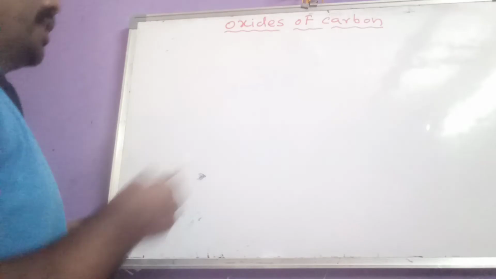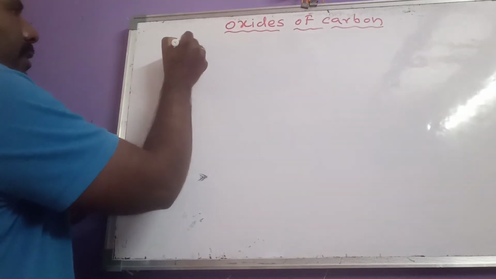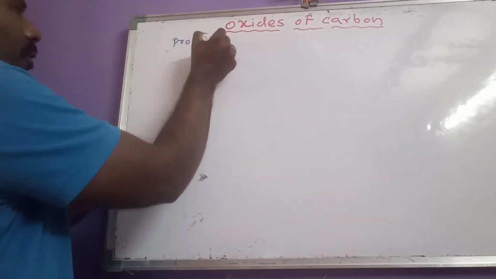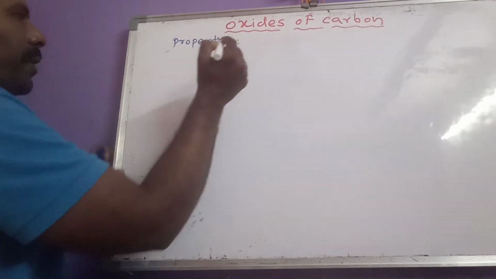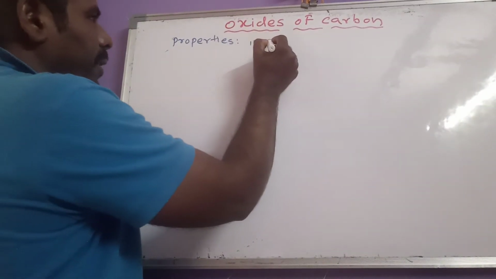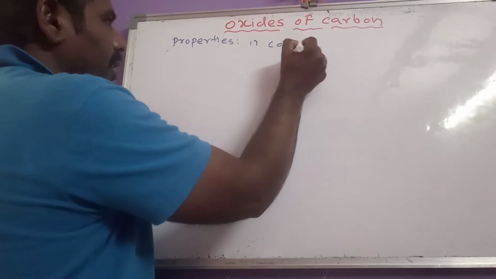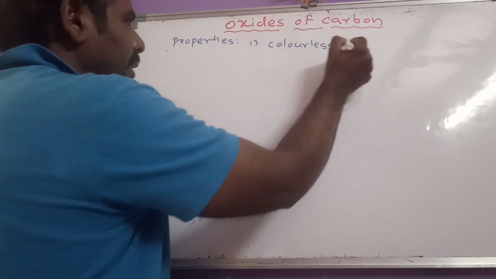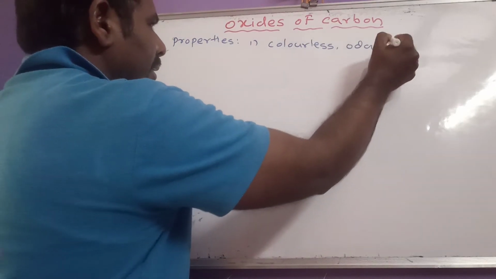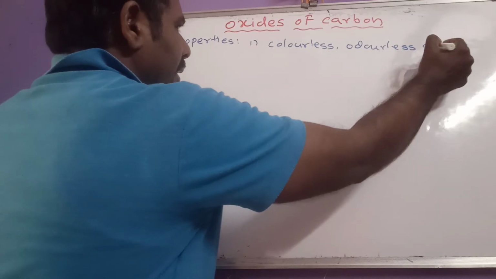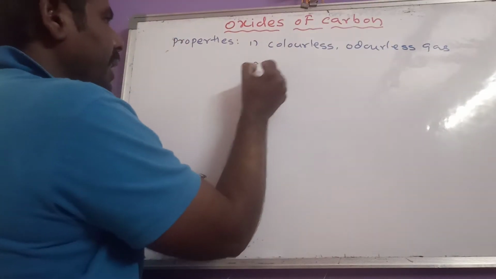Okay, then let us see the properties of carbon monoxide. The first property is that it is a colorless, odorless gas.